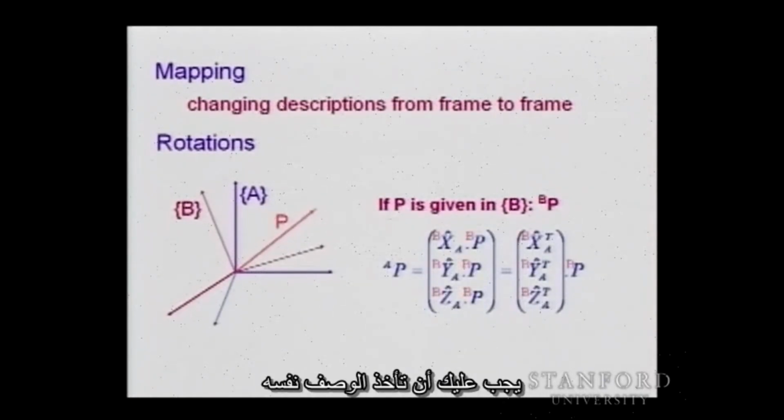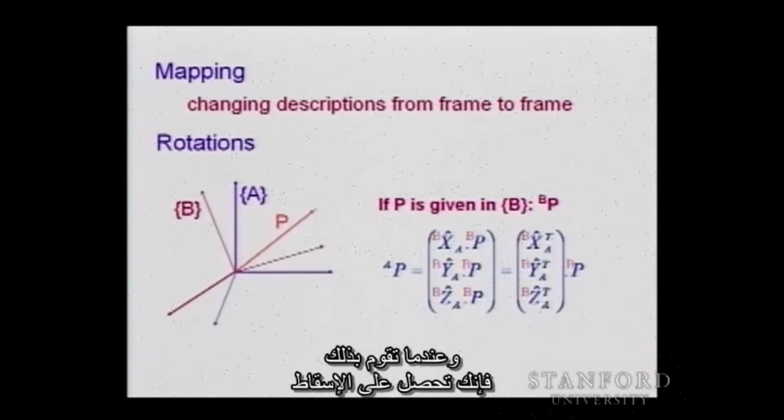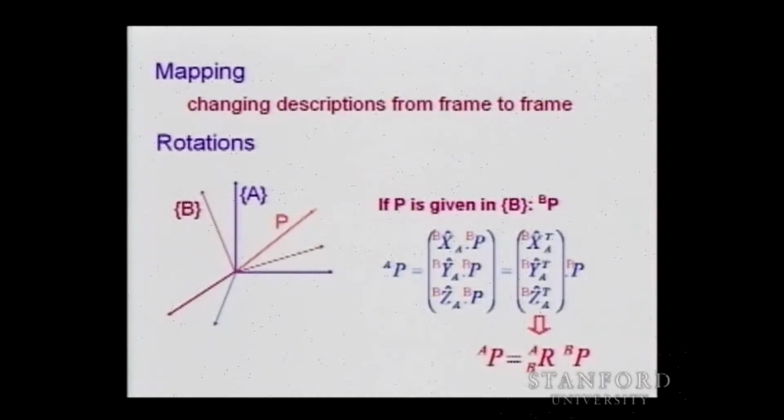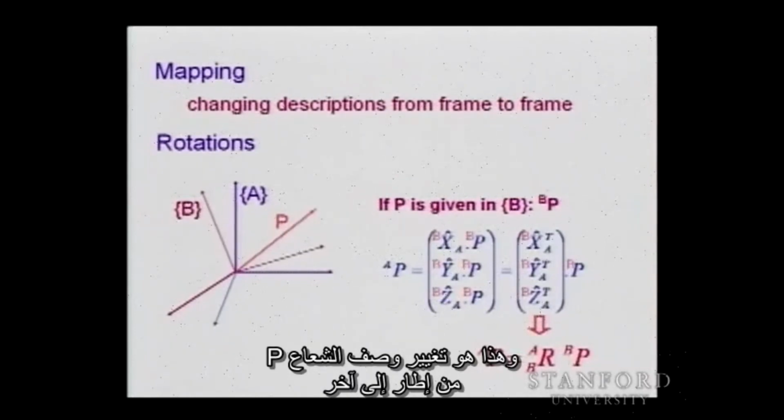You have to take the same description. And if you do that, essentially you are obtaining that mapping. That is, you are obtaining P in B rotated to give you P in A. So this is changing the description of the same vector, P, from one frame to another frame.